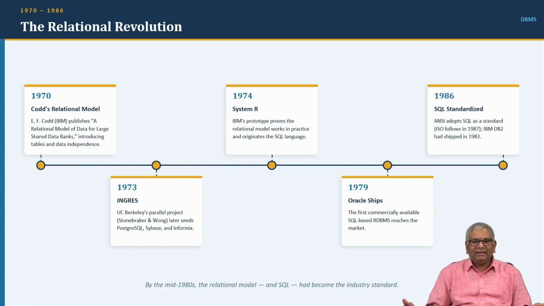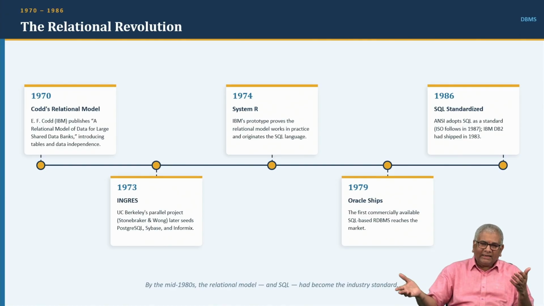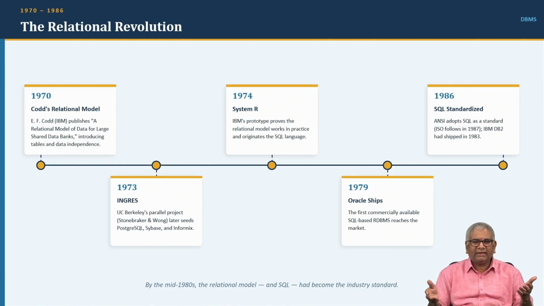Then 73, there was this system by University of California, Berkeley. They created this Ingres project where they wanted to utilize this RDBMS kind of thing, which is a conceptual thing for the later RDBMS products like Postgres, SQL, and Sybase, and Informix, and all that stuff, right?